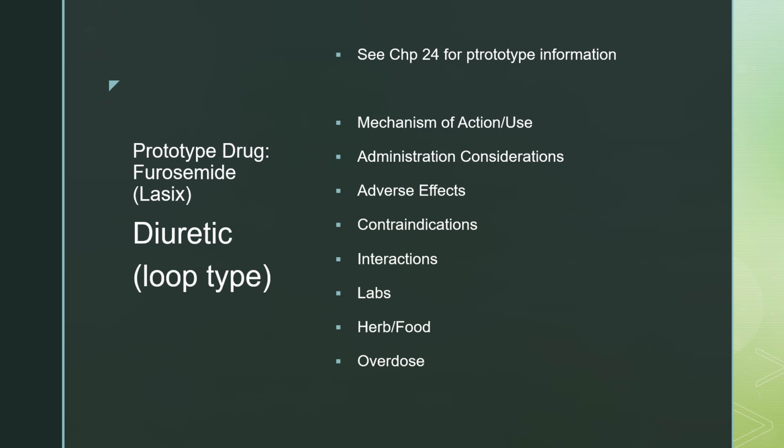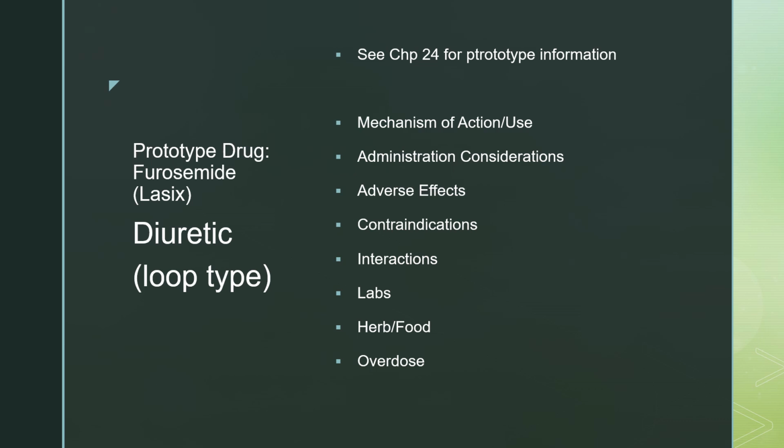Some adverse effects that we need to consider. Like many diuretics, this has the potential for severe electrolyte imbalances, most importantly hypokalemia. Because furosemide is so effective, fluid loss must be carefully monitored to prevent dehydration and hypotension. So remember, it acts pretty quickly. They're going to have quick relief.